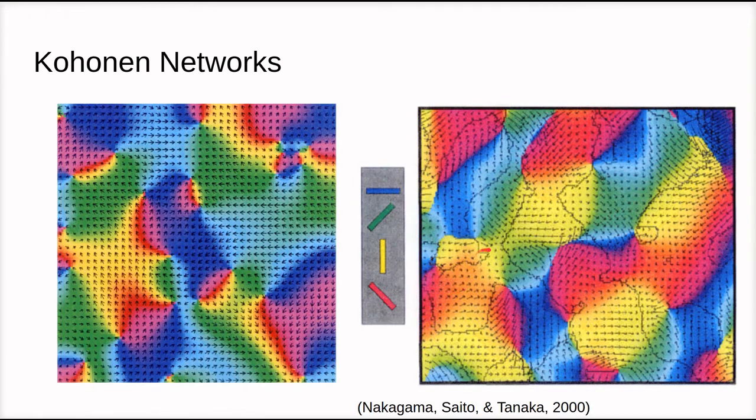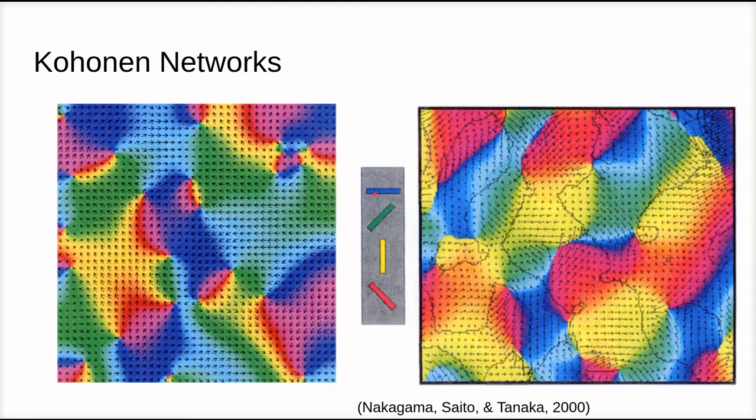What we're seeing here on the right is a figure taken from Nakagama, Saito, and Tanaka in 2000, where they were studying maps of ocular orientation or preferred stimuli in neurons in the visual cortex. Every point we see here in the space represents a neuron, and its color represents its preferred orientation of one of these bar stimuli, and the arrow represents the preferred velocity of the stimuli in that visual field.